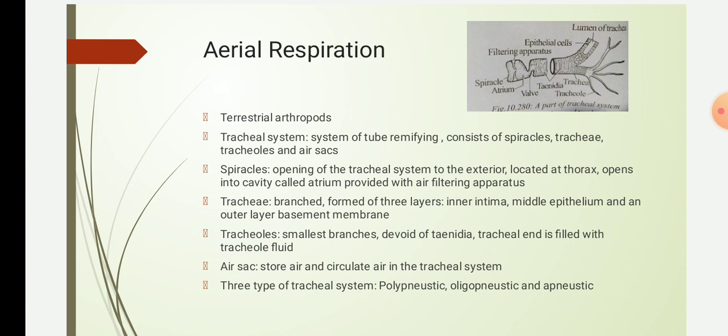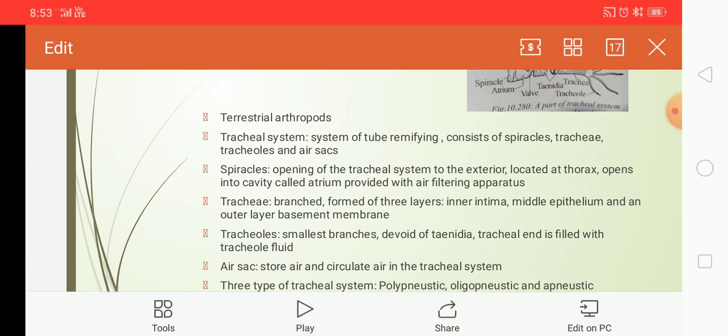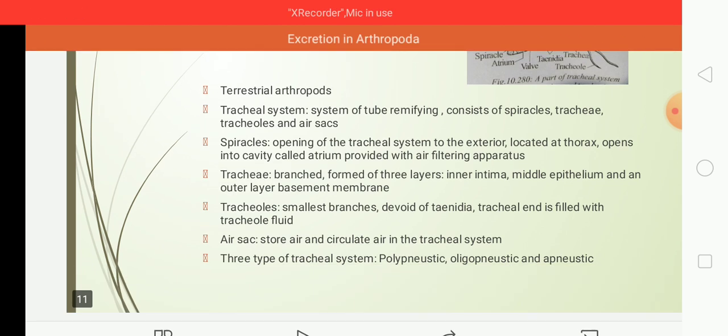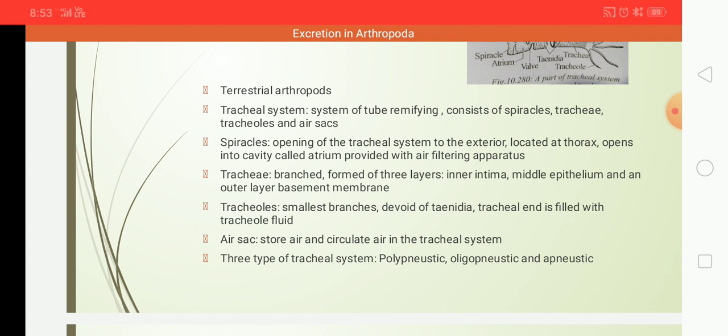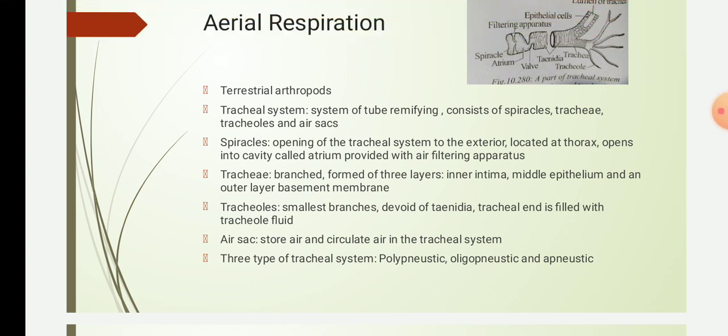So this taenidia will be absent in the tracheoles. The end of the tracheoles is in the form of tissue, and the terminal end of the tracheoles is filled with a fluid called tracheolar fluid.